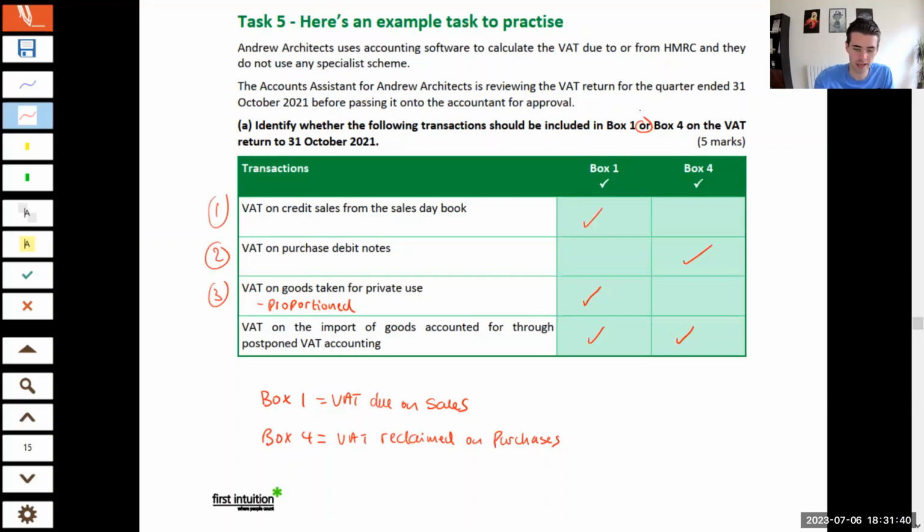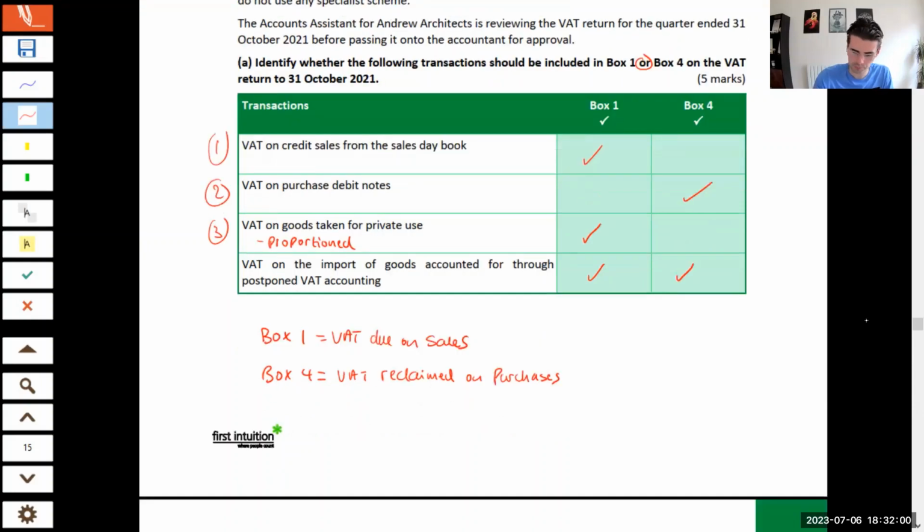It should say which box it should be included in, and then you'd probably have a clearer reference. But truthfully, it probably won't be an issue in your exam. It should be a little clearer than that. But we know it's imports, so we deal with it in box 1 and box 4. We can pay it, we can reclaim it.